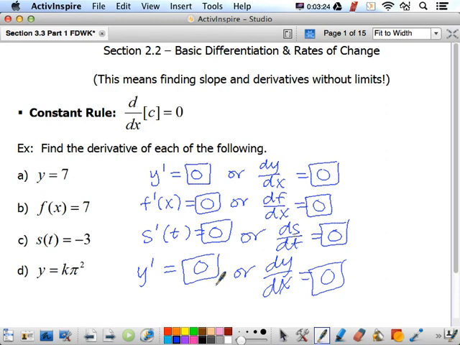So for s of t, that would be ds over dt, and for y, that would be dy dx. We're assuming that that's an x there. We actually don't know what our independent variable was, so we typically just assume that's an x when there's a y there.